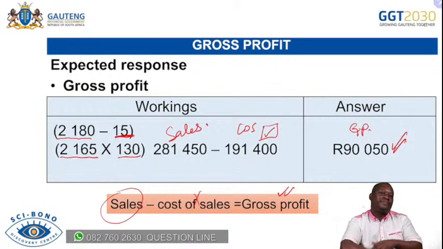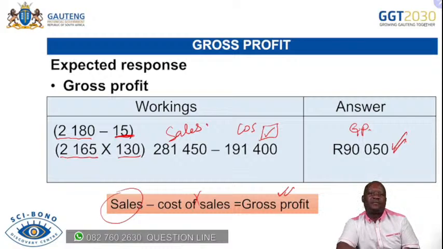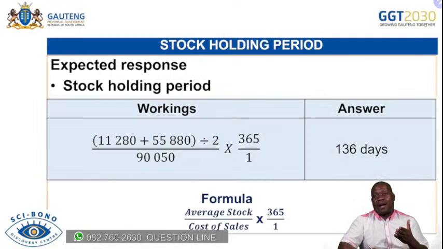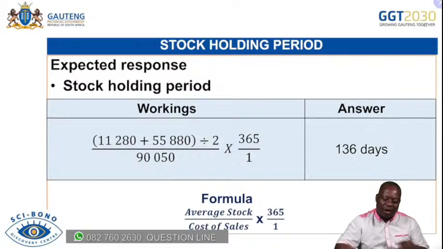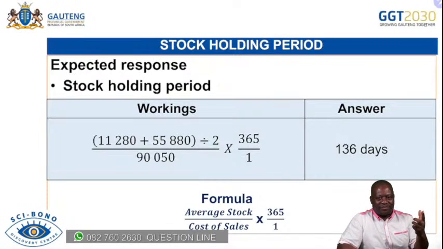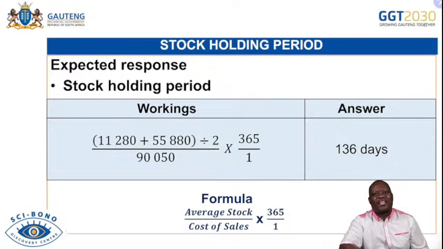Sharp, sharp. Still on the same page. The next thing that we are calculating is our indicator. Remember last week, we looked into financial indicators, and one of the indicators is stock holding period. And remember, in which class? Some of you have already forgotten.